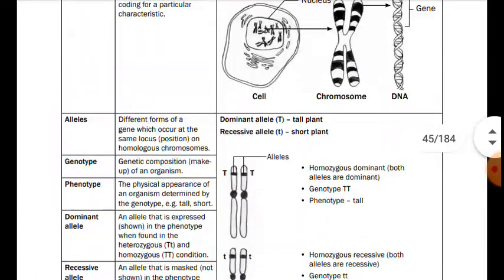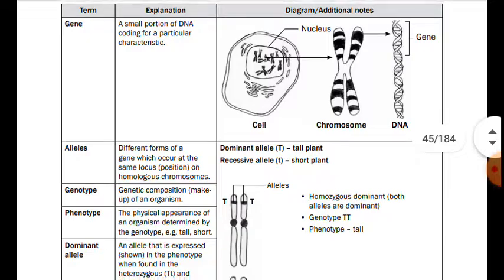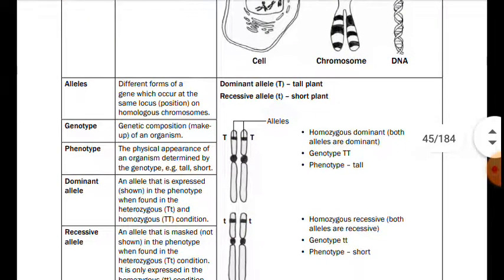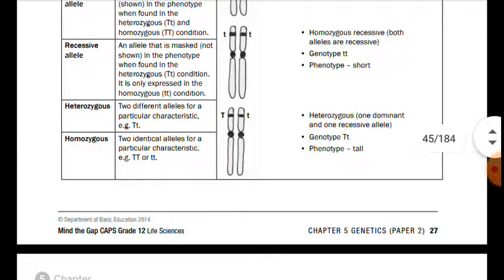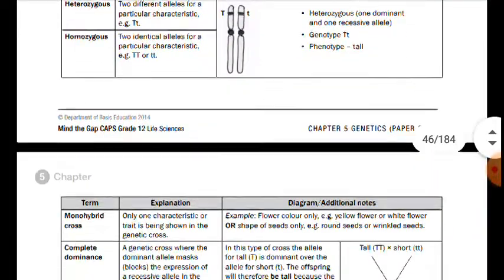We'll be talking about the genes, the alleles, the genotype, phenotype, dominant allele, recessive allele, and heterozygous and homozygous.